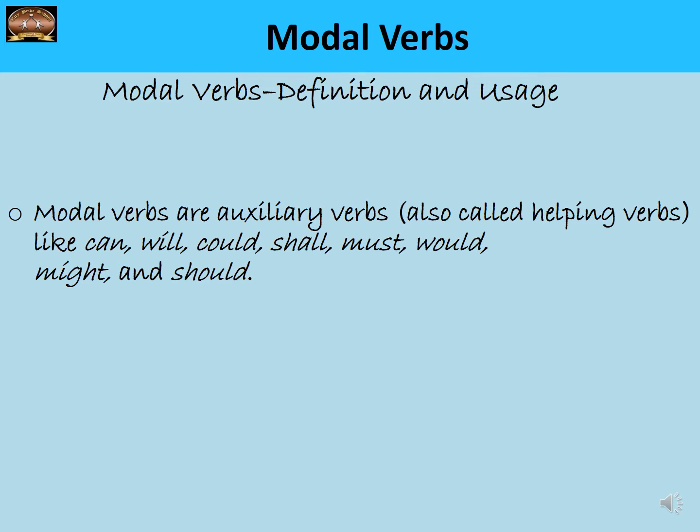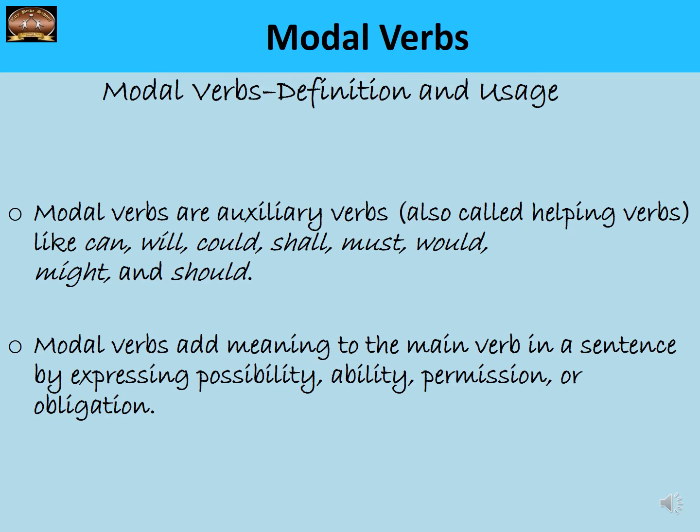And how are they different from other verbs? And why are they so important? Modal verbs add information to other verbs. That's their job. They can add ideas like possibility, uncertainty, or obligation to another word.